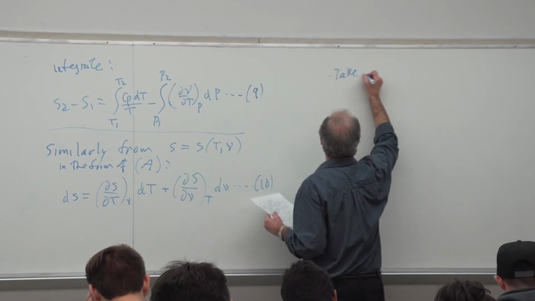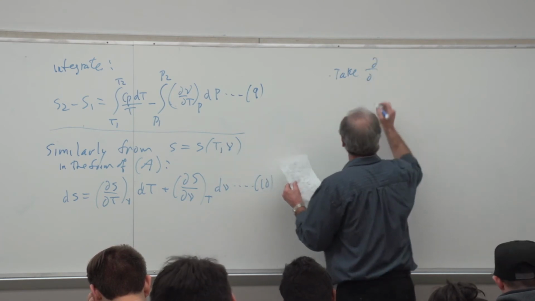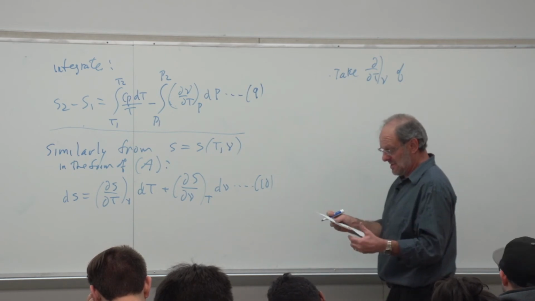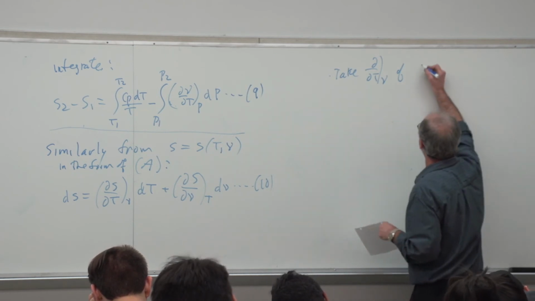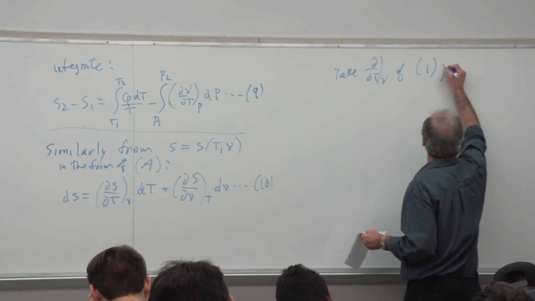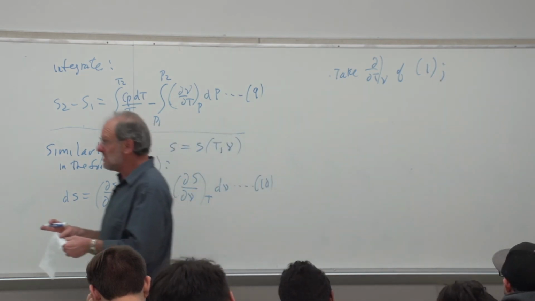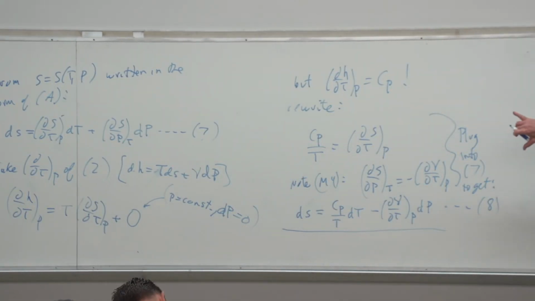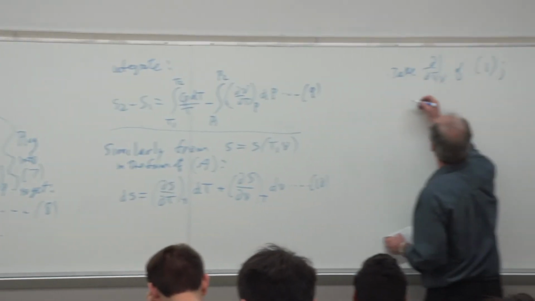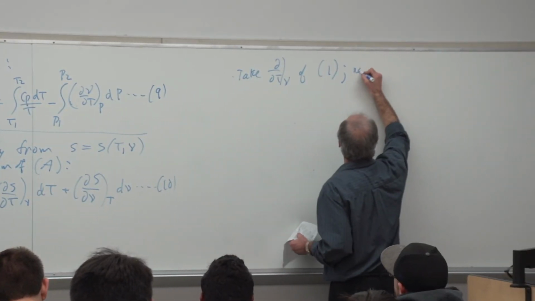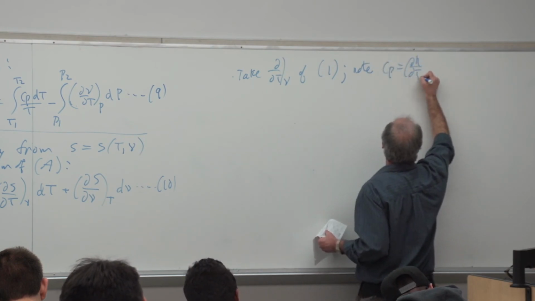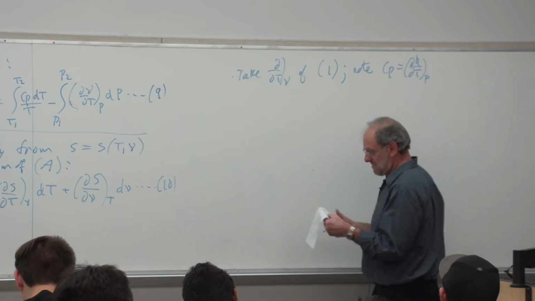So we're going to take d by dT holding v constant of equation 1, the first of the TdS relationships. We're also going to note, like we've done over here, that Cv is defined as (∂U/∂T) at constant v.